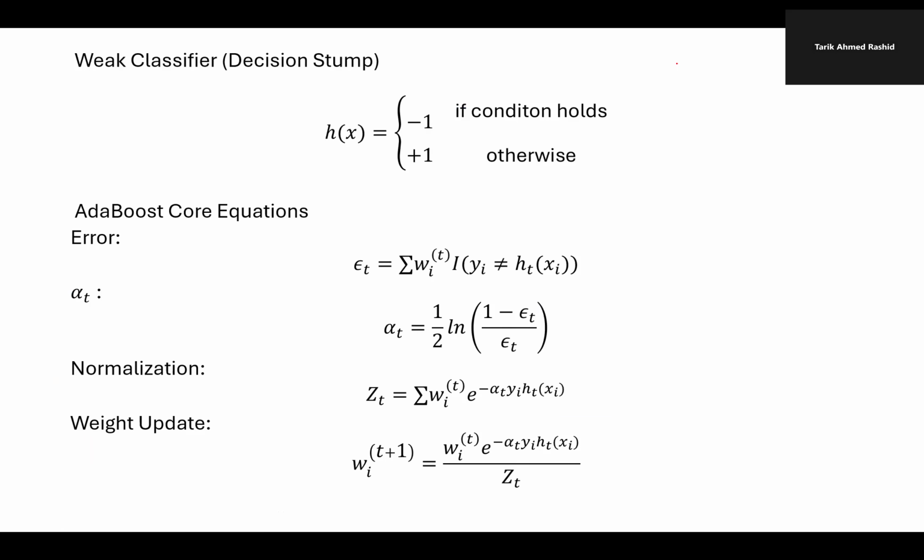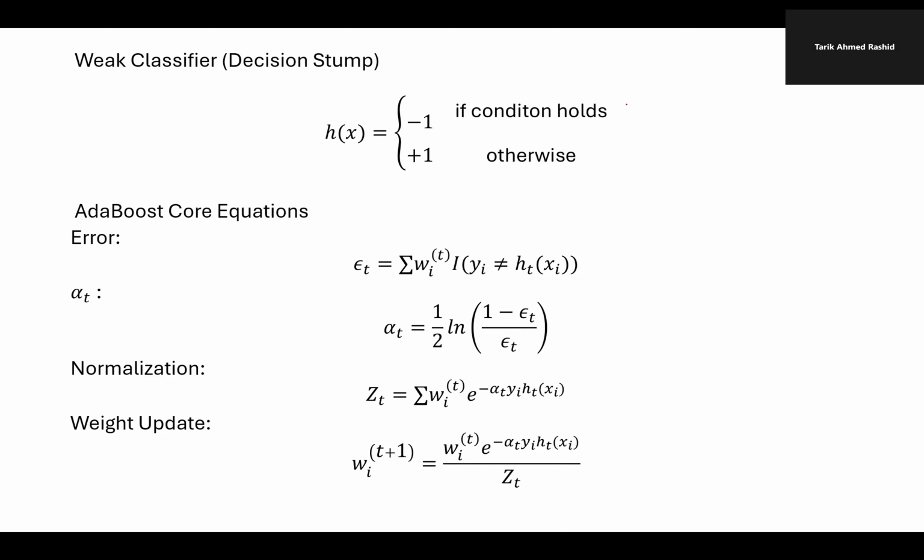Now, there is a weak classifier called a decision stump. Decision stump means that the prediction will either be -1, the condition that we hold, or otherwise +1.